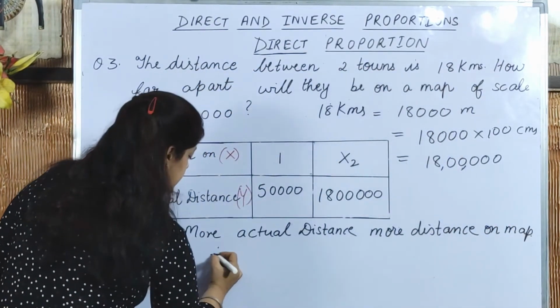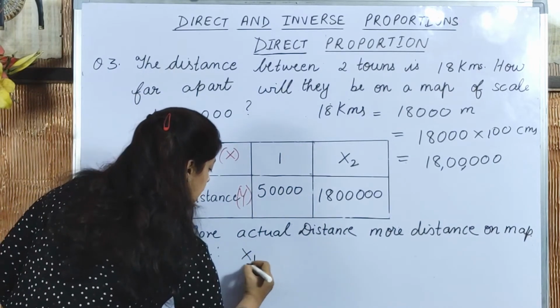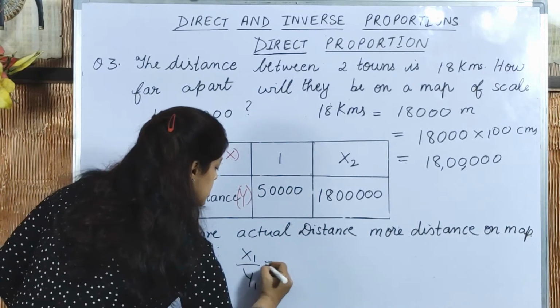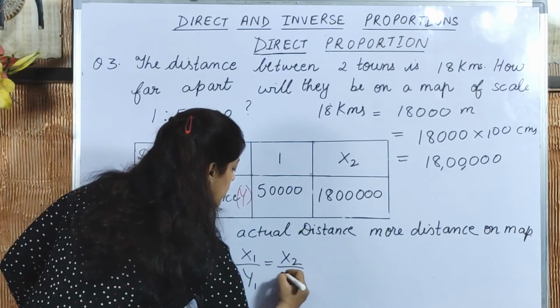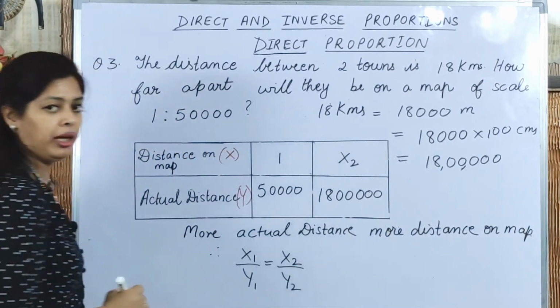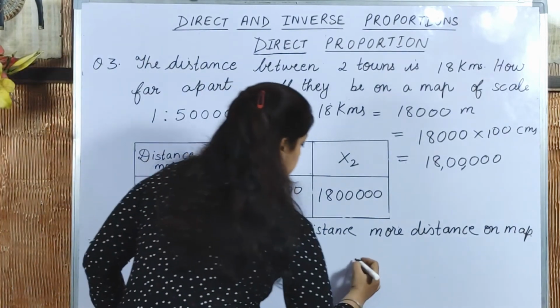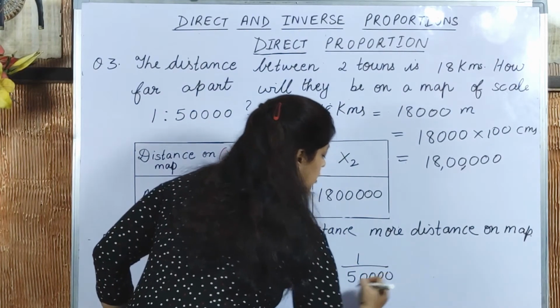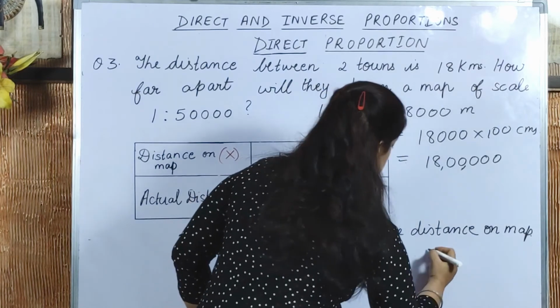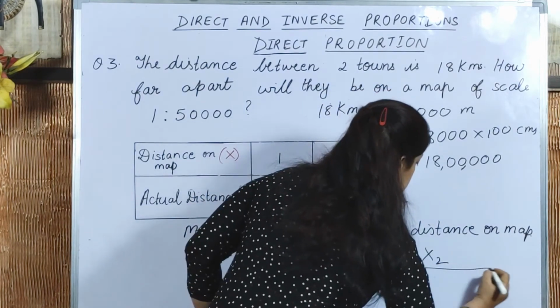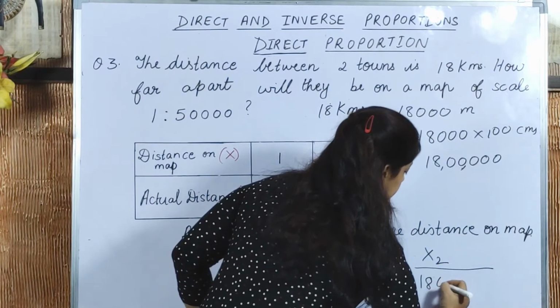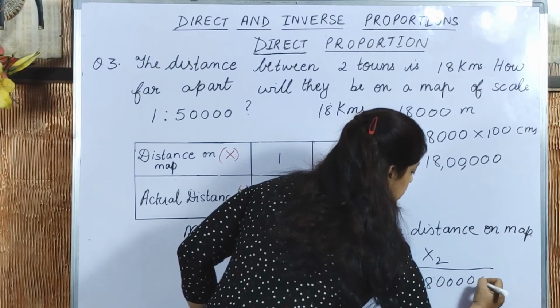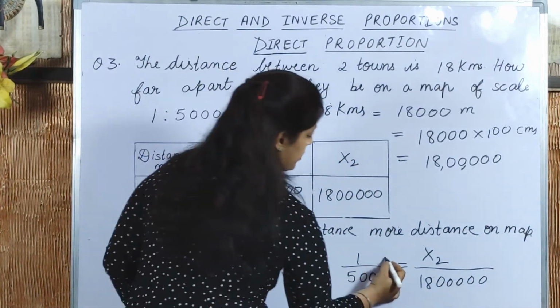Therefore, I can say since it is direct variation, x1 upon y1 is equal to x2 upon y2. This ratio will be equal. Therefore, 1 upon 50,000 is equal to x2 upon 18 lakhs. So I cross multiply.